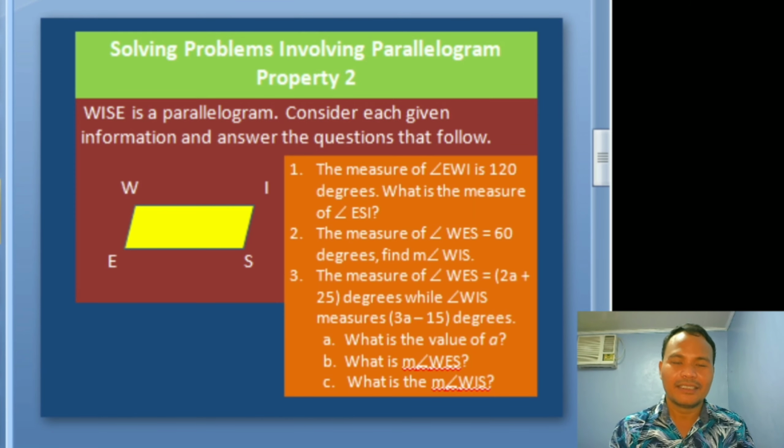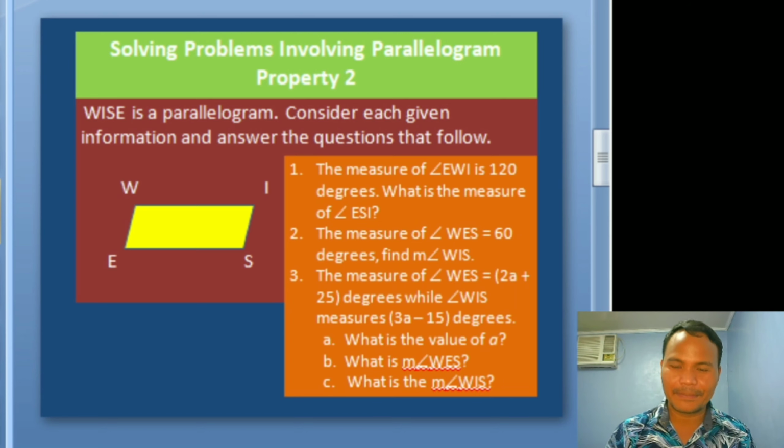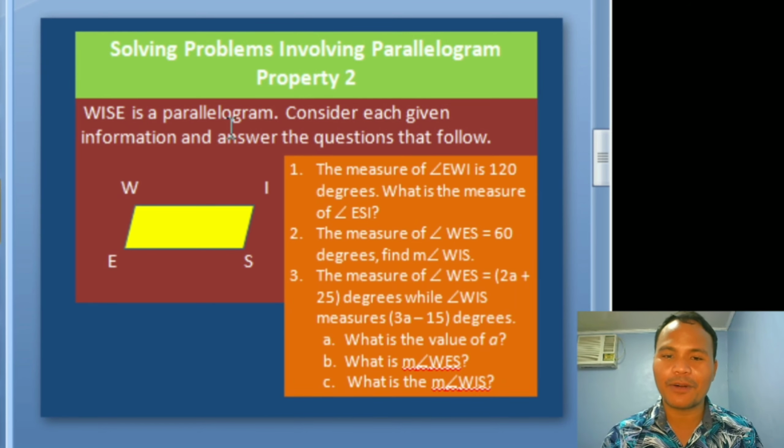Okay? So let us have an example. WEIS is a parallelogram. Consider each given information and answer the questions that follow. For number 1, the measure of angle EWI is 120 degrees. What is the measure of angle ESI?